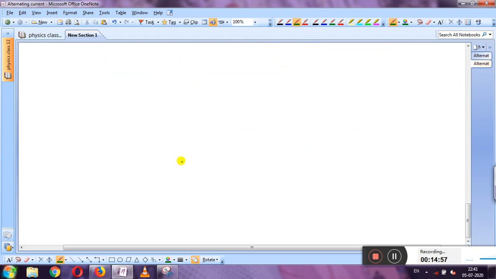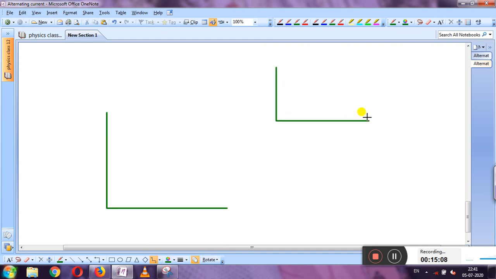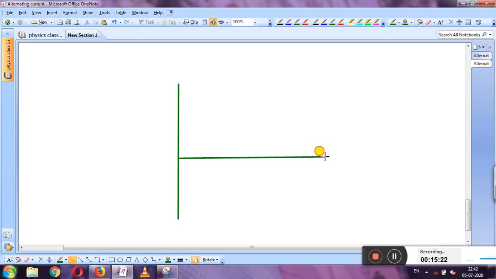Now let us understand it with the help of a waveform. To draw the waveform, first of all let us draw line segments. On this line we will show phase omega t, and on this line we will show the value of current and voltage.